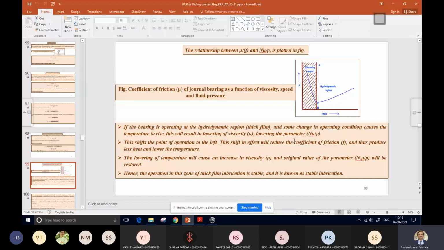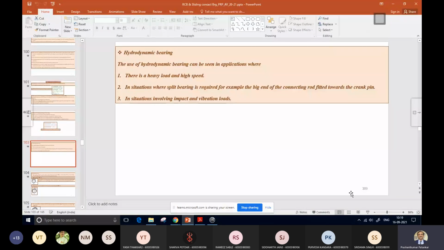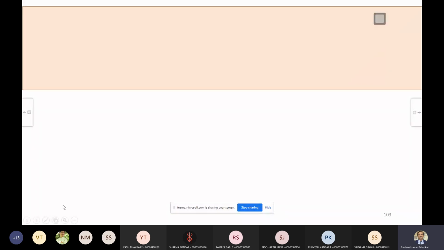Okay, now after this I want to talk about the uses of the hydrodynamic journal bearing. From the discussion we had till now, it is clear that we use the hydrodynamic journal bearing whenever we have to support a heavy load and the shaft is rotating at a higher speed.